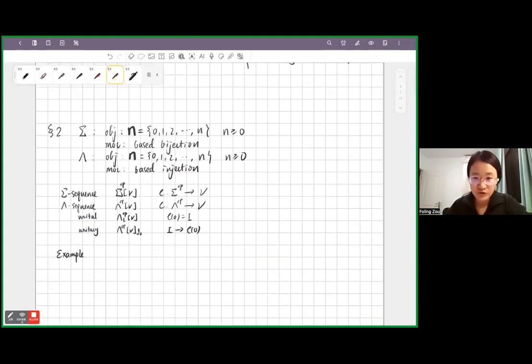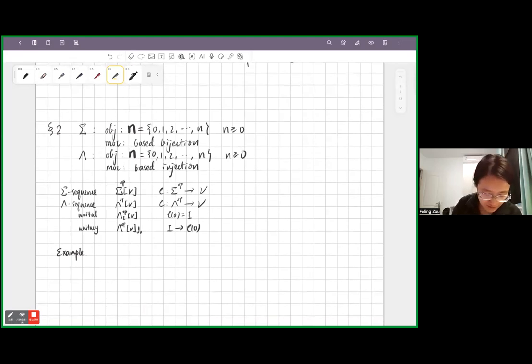Okay, so now let me define these two categories, sigma and lambda. So sigma is the category of finite based sets and based bijections. So we are taking its objects to be n for n greater or equal to 0, where each n means the set 0, 1, 2, up to n with the base point being 0.